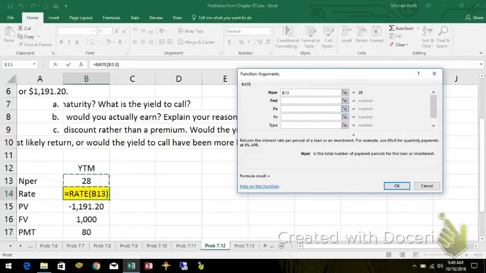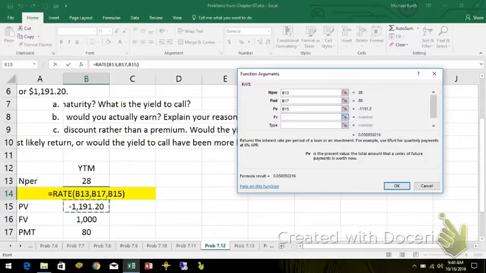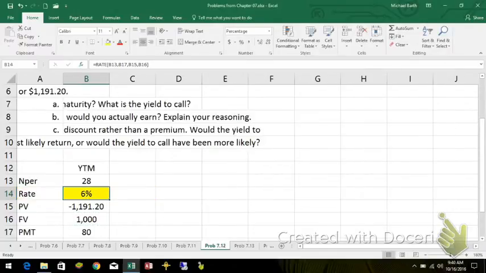Number of periods, payment of $80 a year, current price at $1191.20, and the future value par of $1,000. And our yield to maturity on this bond would be 6.50%.